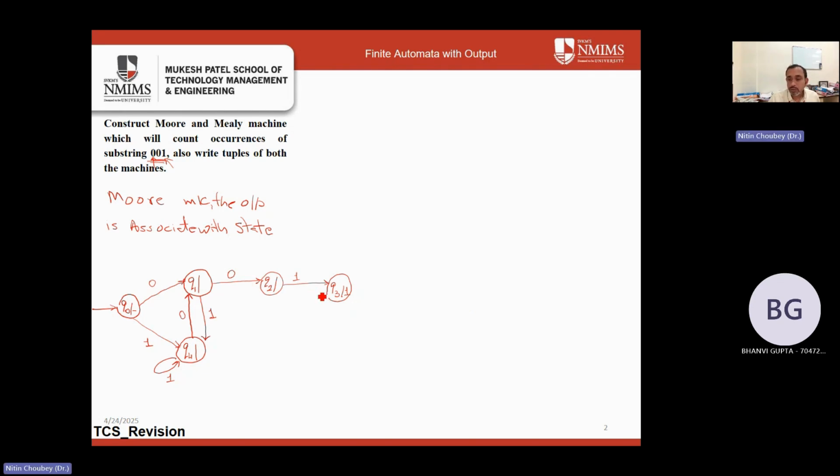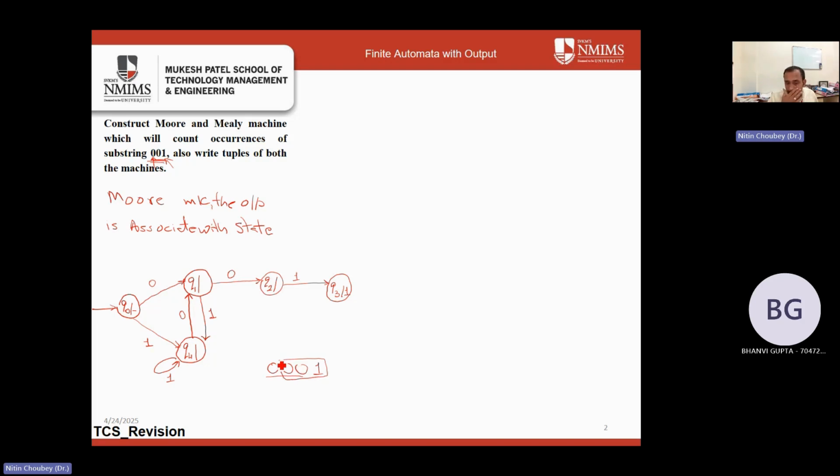Now, this third 0 is violating the criteria of 0 followed by 0 followed by 1. But it may be the case that this 0 is amongst the zeros which we are receiving, like this 1, 2, 3 followed by 1, wherein not this but this would match our criteria.